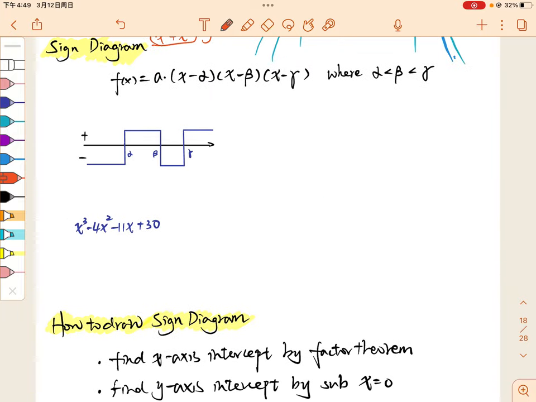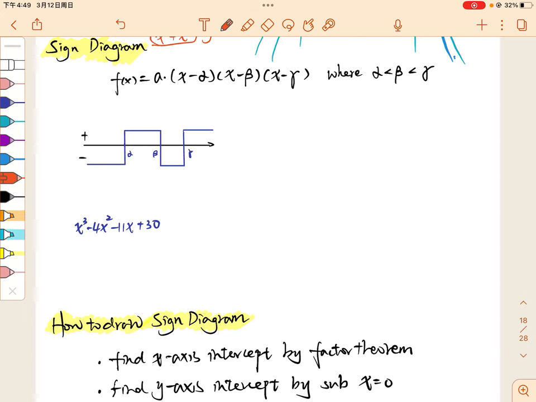The next bit is about the sign diagram. This one is basically about finding your x-axis intercepts, and then finding out whether the y value is positive or negative around these x-intercepts.